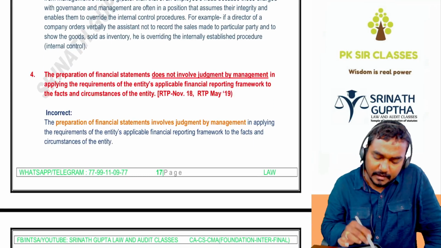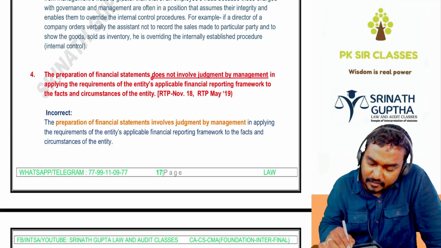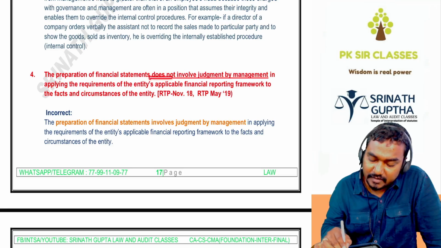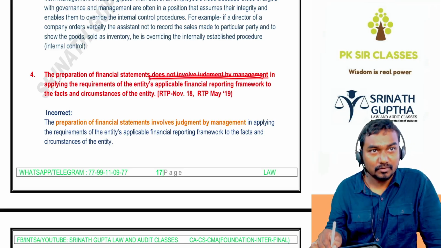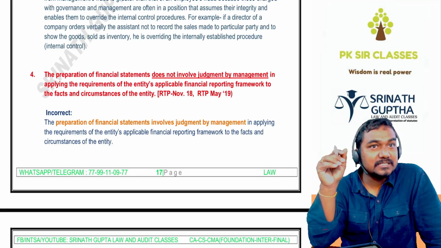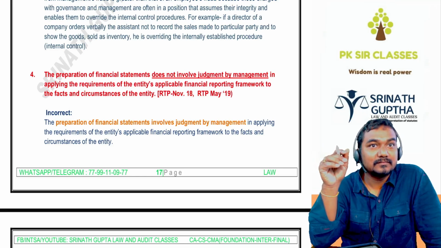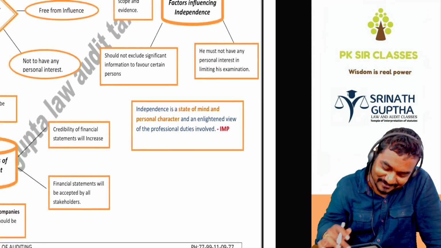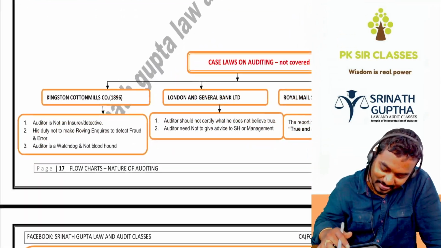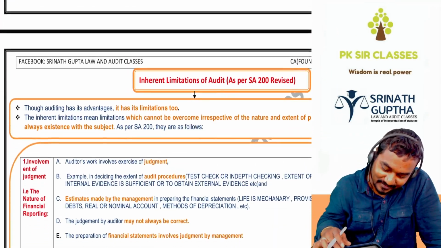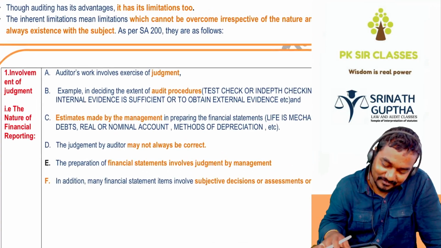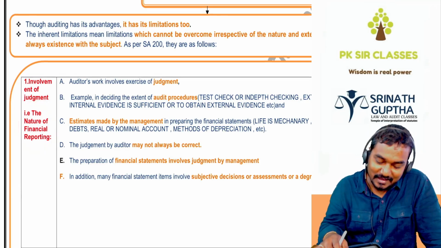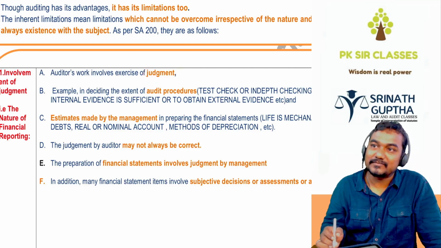Next. The preparation of financial statements does not involve judgment by management. Yes or no? While preparing the financials, the nature of financial reporting and the nature of the work involve judgment.